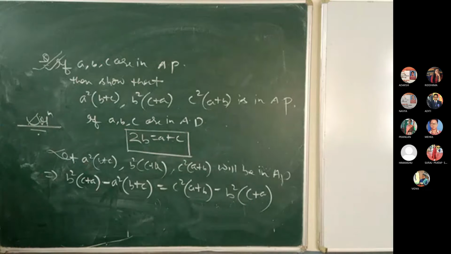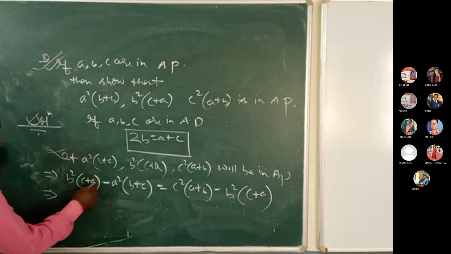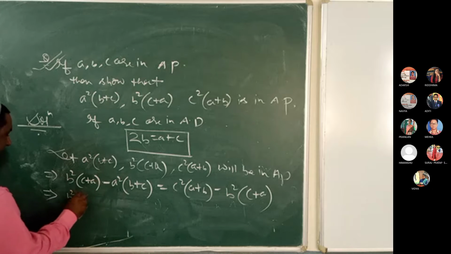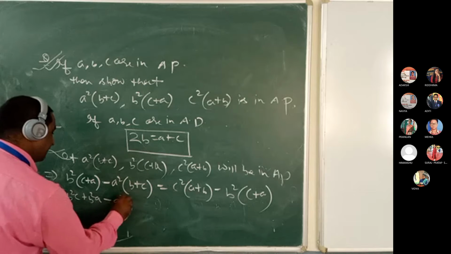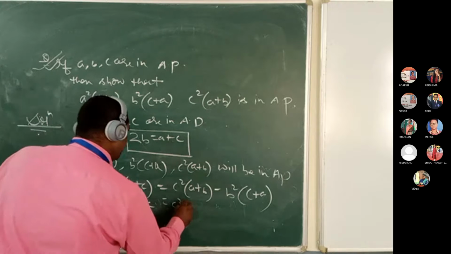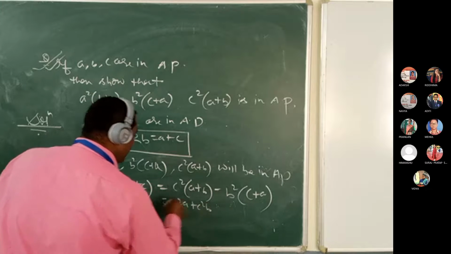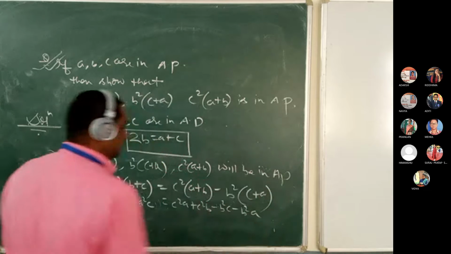Up to this step, okay? Now just multiply: B square C plus B square A minus A square B minus A square C equals C square A plus C square B minus B square C minus B square A. Is that okay?